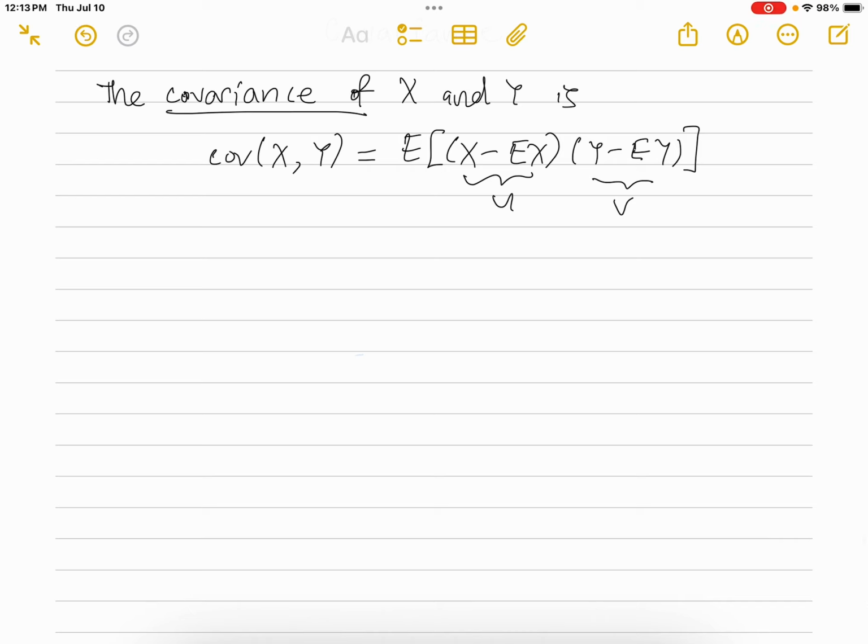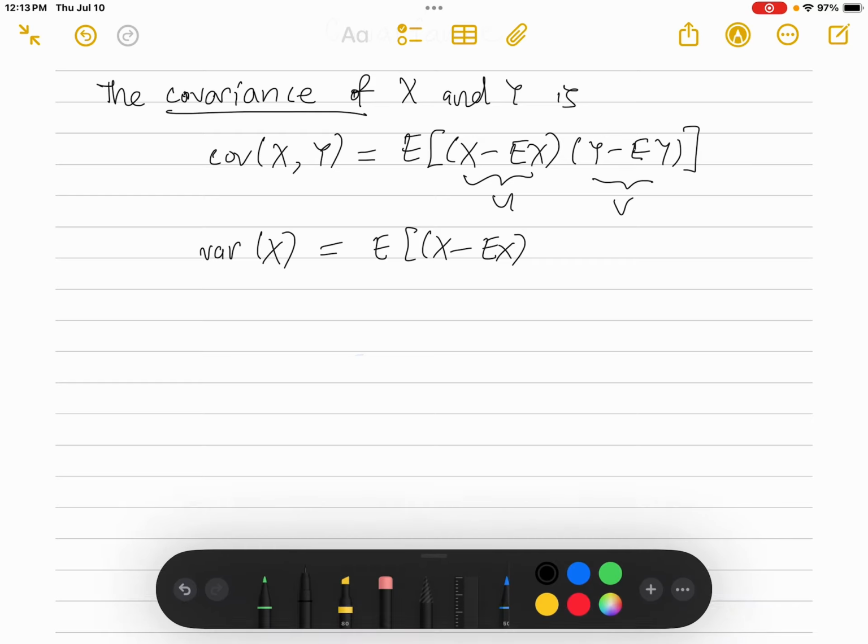Okay, and notice that the variance of x is the expectation of x minus the expectation of x, squared. And this is precisely the covariance of x and x.